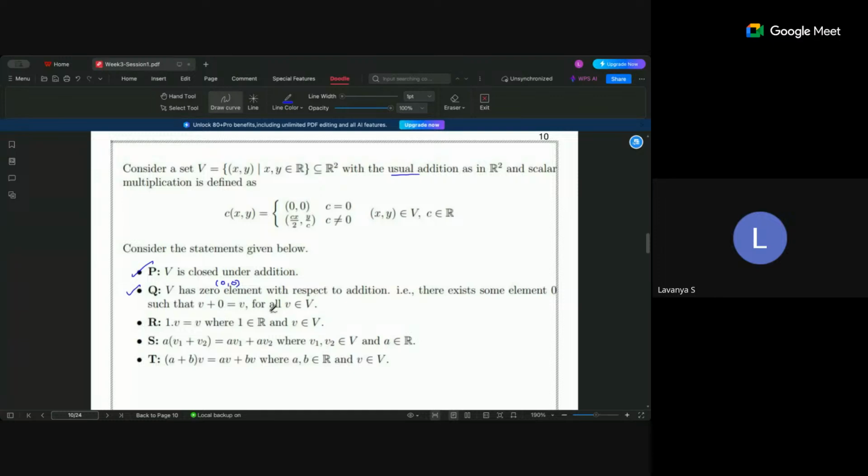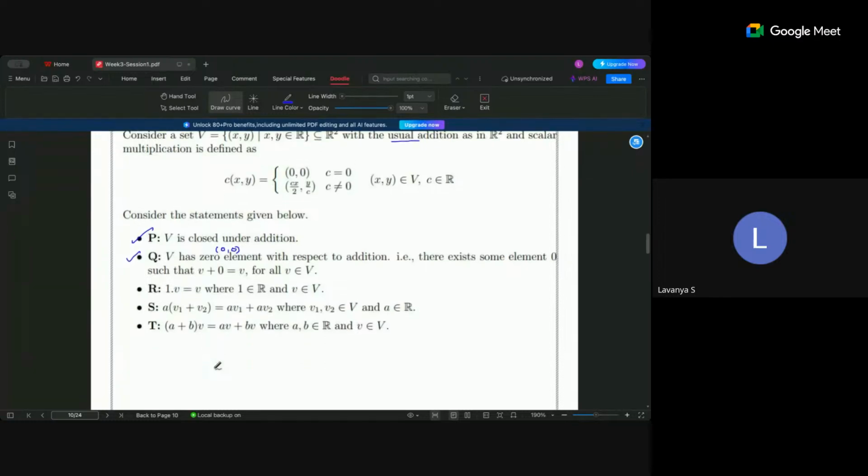Now scalar multiplication is different. So whenever there is scalar multiplication, we have to be careful. So this statement R, 1 dot v equal to v, we have to check. Let v be (x, y). Now what is 1 dot (x, y)?